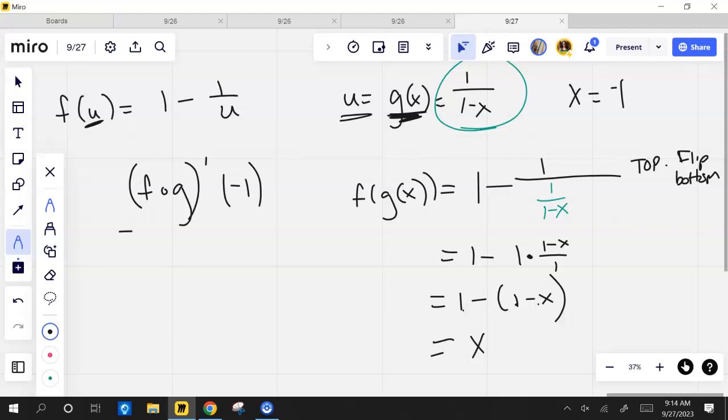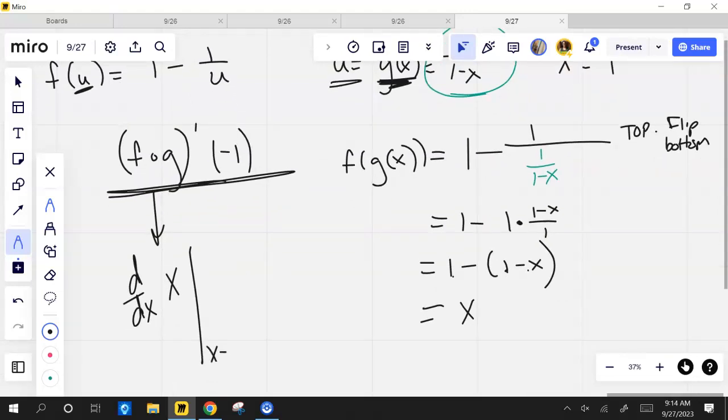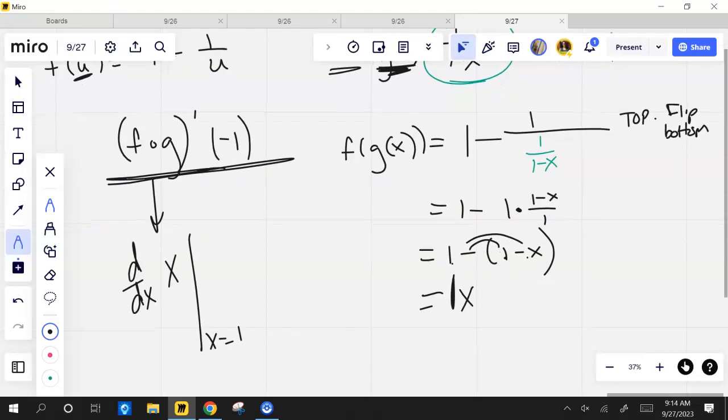So now what it asked me for, so now I know this, so I need the derivative of x evaluated when x equals -1. Well, what's the derivative of x? 1, right? What are you plugging in?